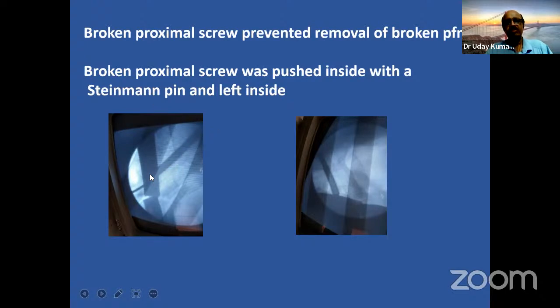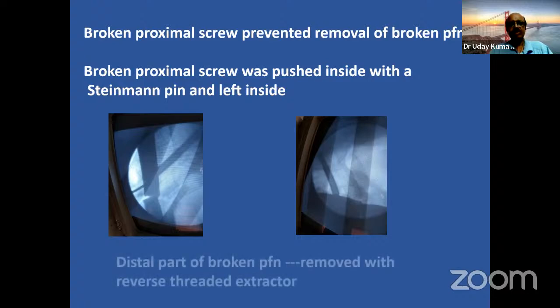Since we could not remove the screw, we decided to leave the broken proximal screw there. Once we freed it, we were able to remove the proximal part of the nail. For the distal part, we used a reverse threaded extractor and removed the distal part of the nail. So this was the problem when we were going to remove the implant.